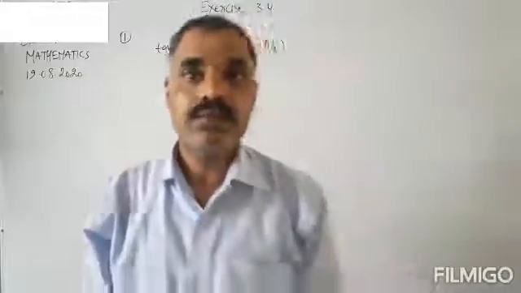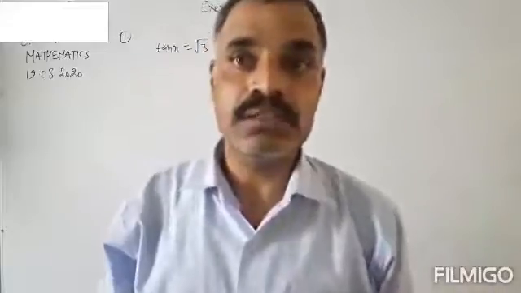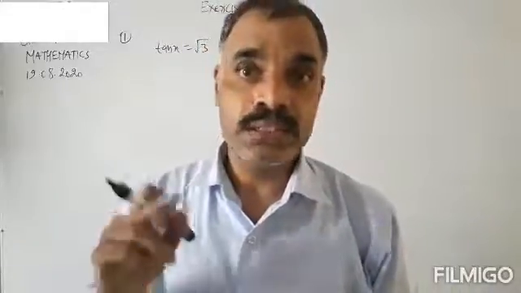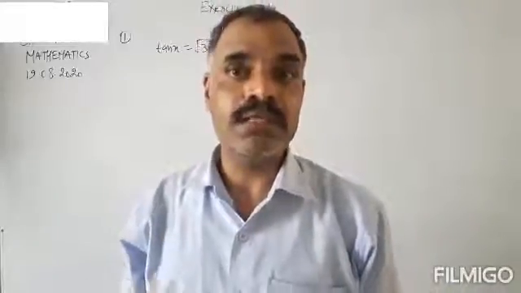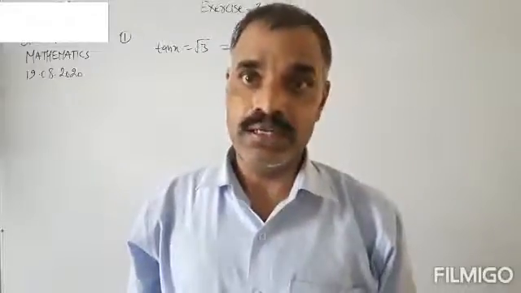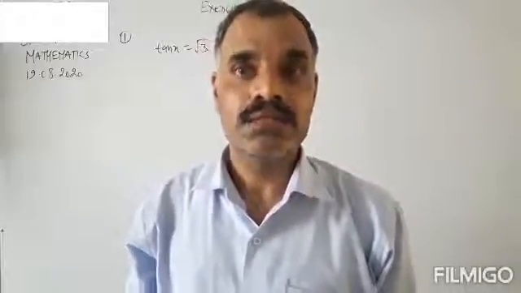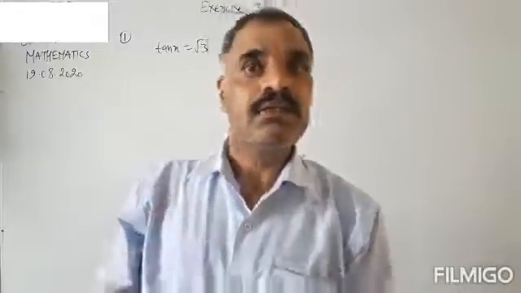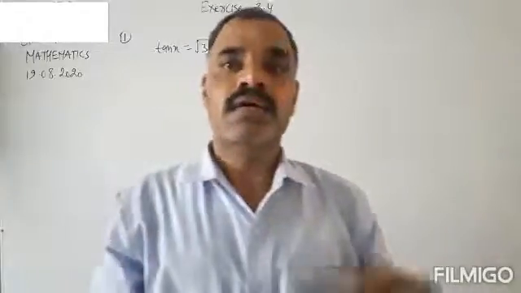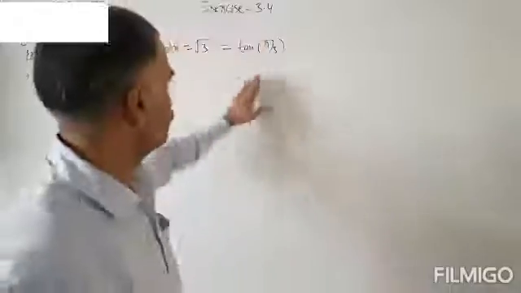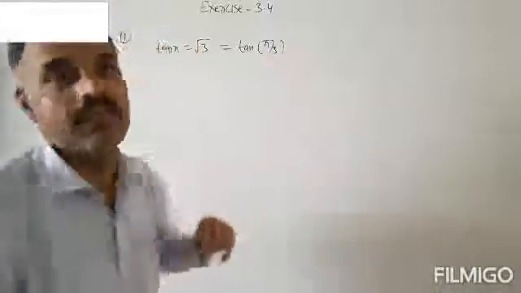We know that tan 60 degree equals under root 3. 60 degree can be written as pi by 3 in radian measurement. That is why under root 3 equals tan pi by 3.